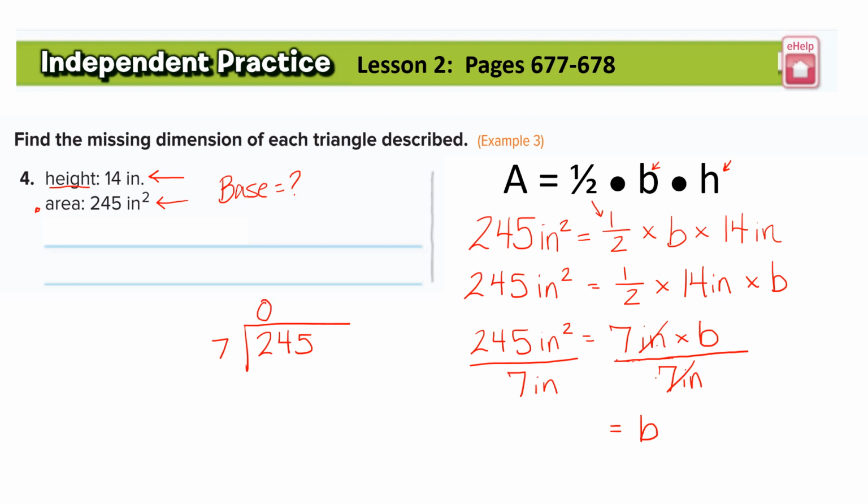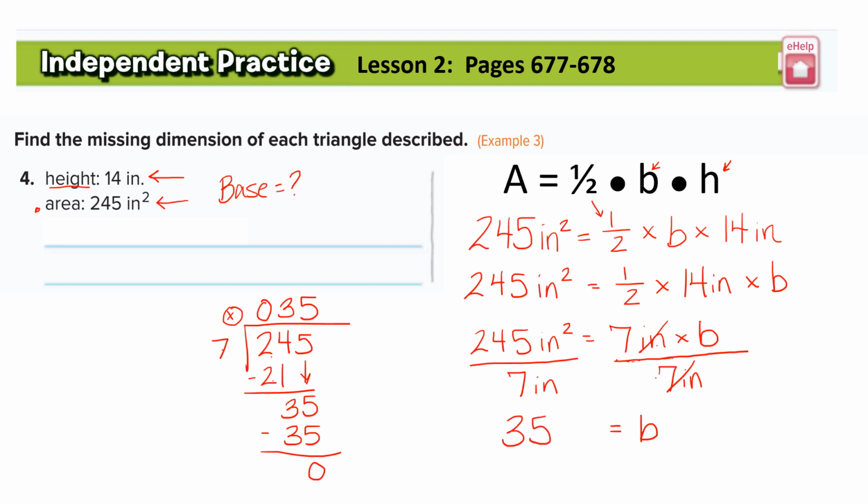It can divide 24 3 times. 3 multiplied by 7 equals 21. 4 take away 1 is 3, and 2 take away 2 is nothing. Now I bring down the 5. 35 divided by 7 equals 5. 5 times 7 equals 35, and I have 0 as a remainder. So the answer is 35.